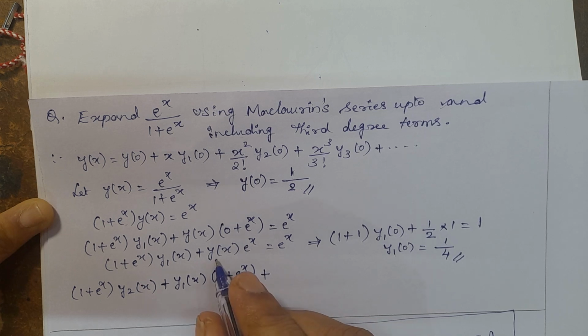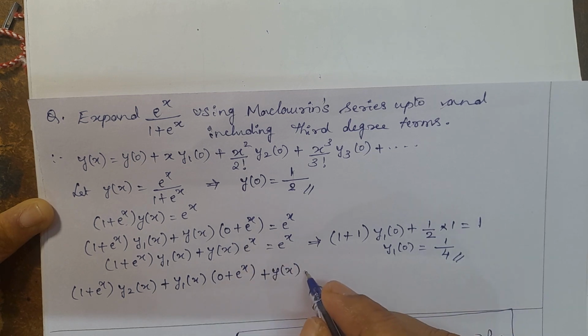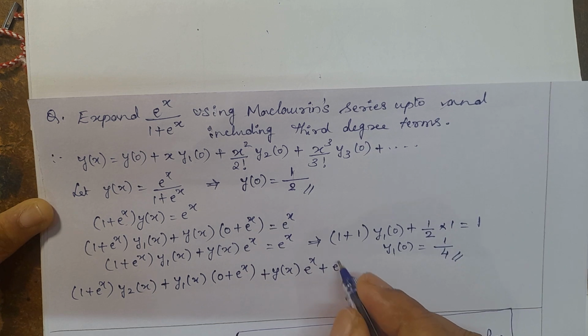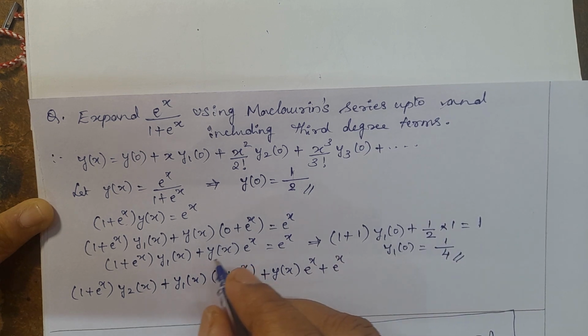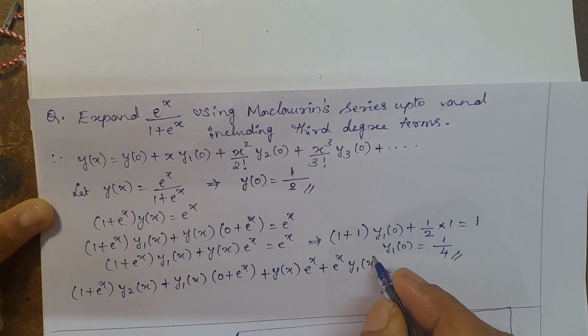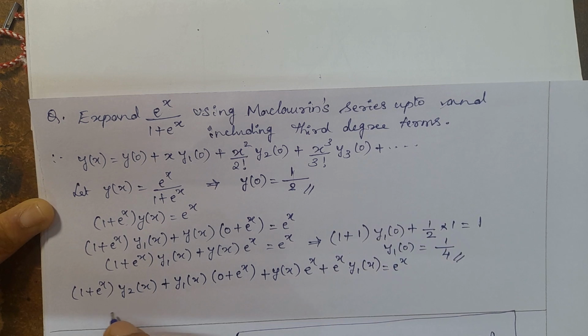Plus, so first as it is y of x, differentiation of e power of x is e power of x, plus second function as it is, differentiation of y of x gives y1 of x, equal to differentiation of e power of x is e power of x.